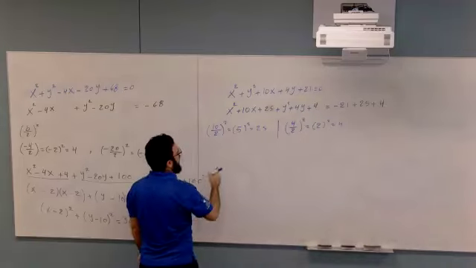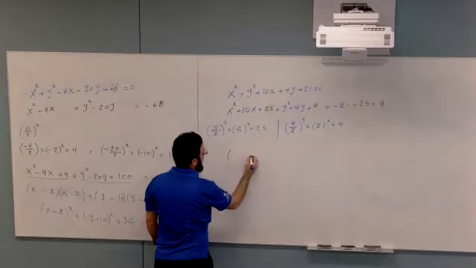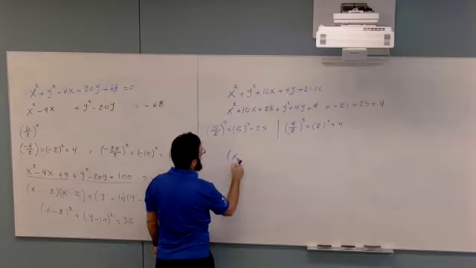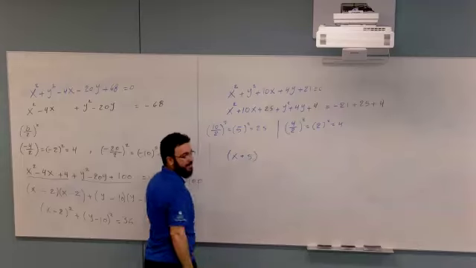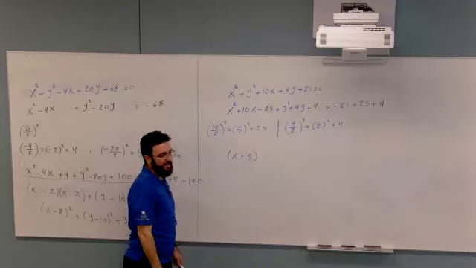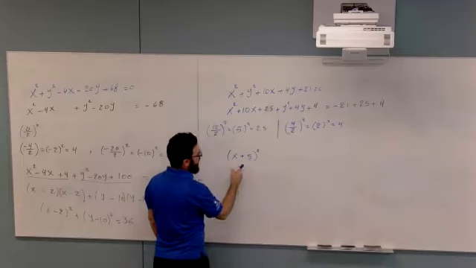Now here, can you tell me the parentheses? x plus 5. Why? Both positive. So plus 5.